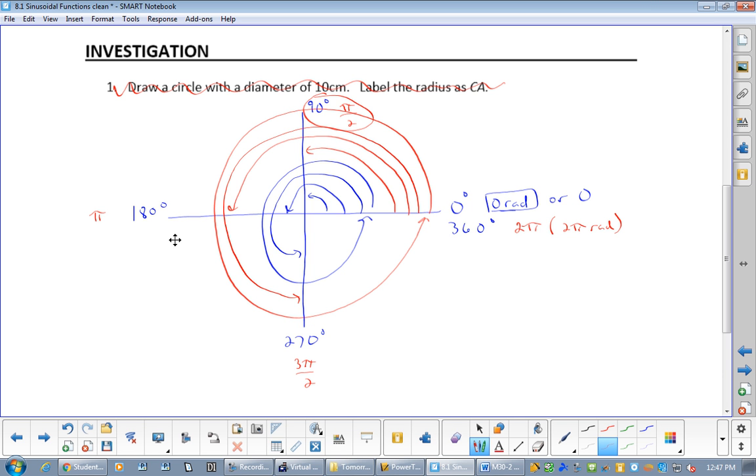How many degrees do we really go? So pi is a very specific number. And once you understand what a radian is, it's actually easier to use and less math to do, less work.